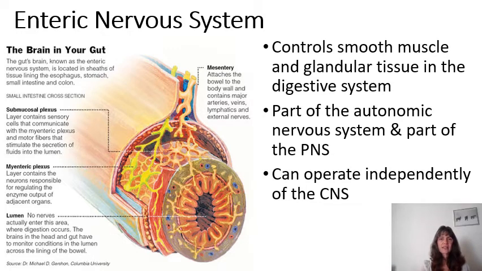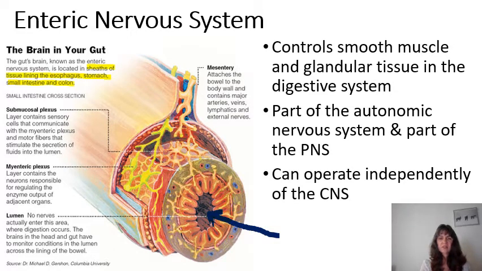We find the enteric nervous system located in the sheaths or coverings of tissues lining the esophagus, stomach, small intestines, and colon. This is a cross-section of the small intestines. You'll notice there is an opening on the innermost portion, which is where food passes as it's being processed for digestion.